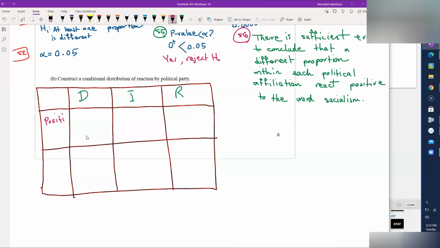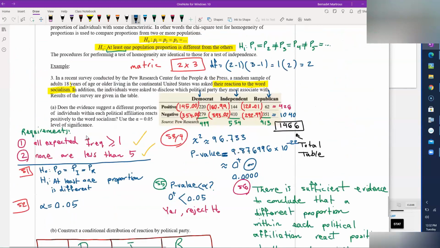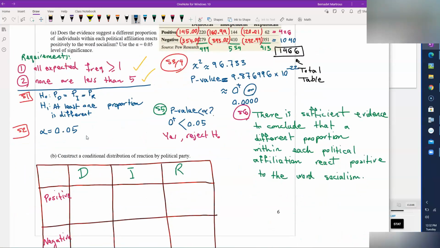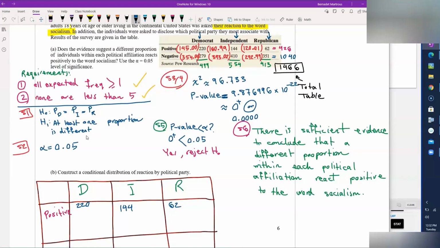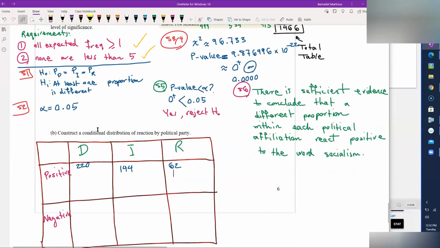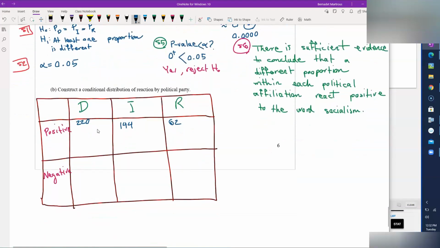Here the answer is positive. Here is negative. I'm using what we have for observed. Here we have 220. Here is 144. Here is 62. Now for negative, we have 279. Here is 410. And here is 351.